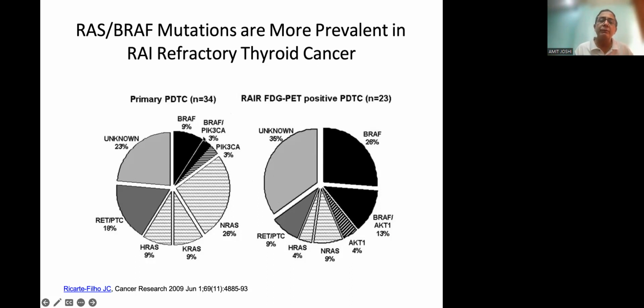In patients who become radioiodine refractory, only 9% initially will have a BRAF mutation when they are planned for radioiodine therapy. But after radioiodine therapy, the tumor further escapes, and the BRAF mutation number, which was 9% initially, increases to 26% in this study. So if you do a mutation profile study at this point, you might not detect the BRAF because it is seen in only 9%. But as the patient becomes radioiodine refractory, the percentage will increase.